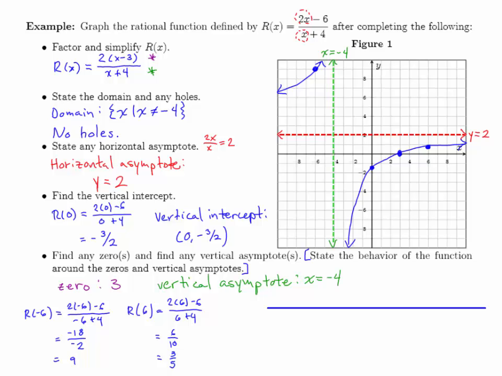So we know that we need to know what happens over 3 different intervals. And we'll identify those. Those intervals are going to be determined again by the zeros and the vertical asymptote.